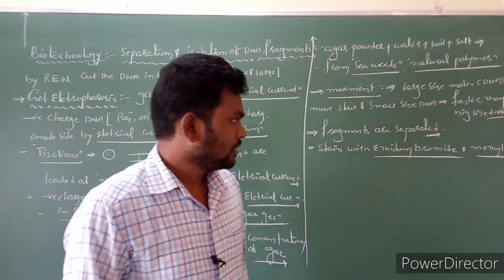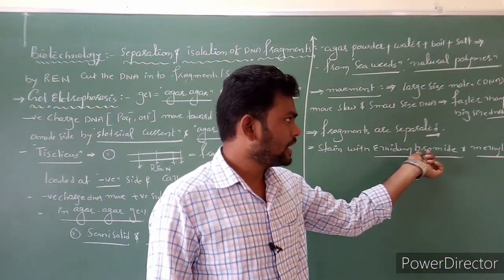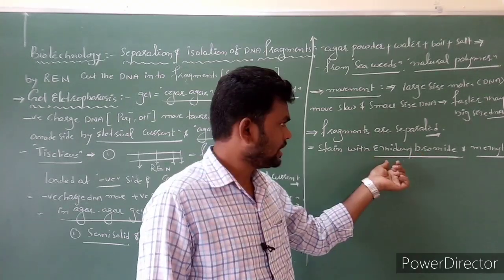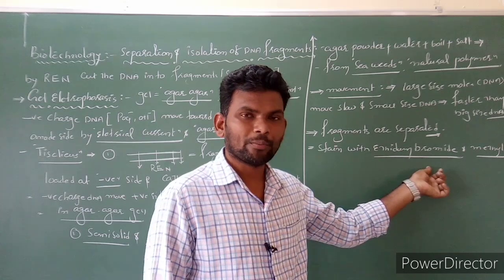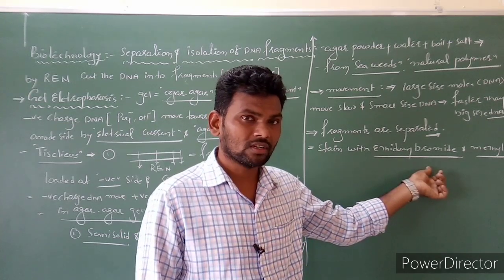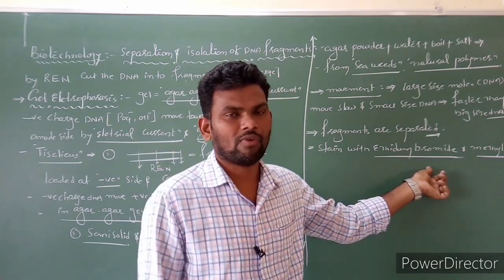Okay. Then what happened? This ethidium bromide gives the color to the DNA fragments. Bright orange colored DNA fragments are formed.